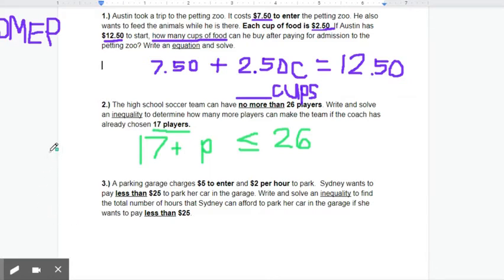For number 2, you are going to solve this like a one-step inequality. Start by circling the part you're going to change. When you move that number to the other side, you're going to change it to its opposite. When you're writing your answer, make sure you label it. The label is players.